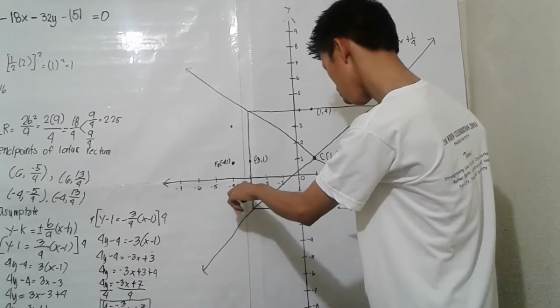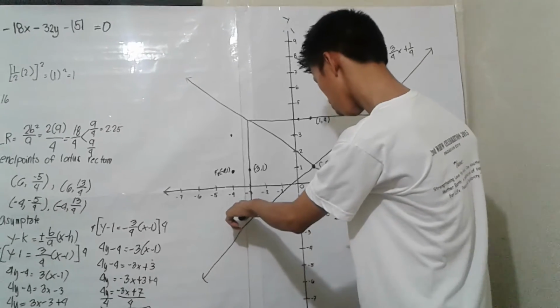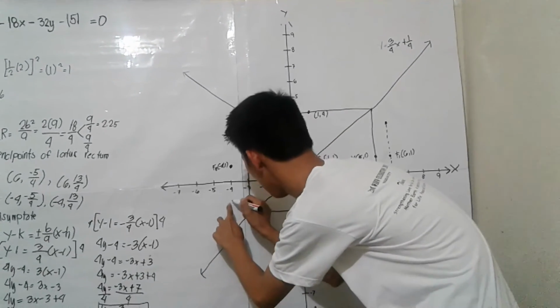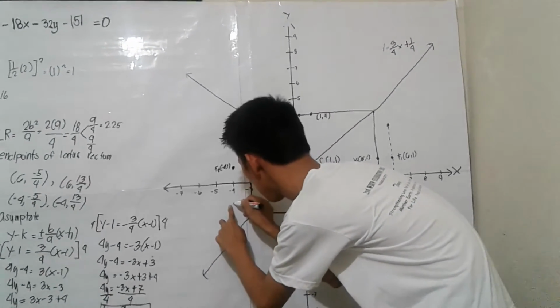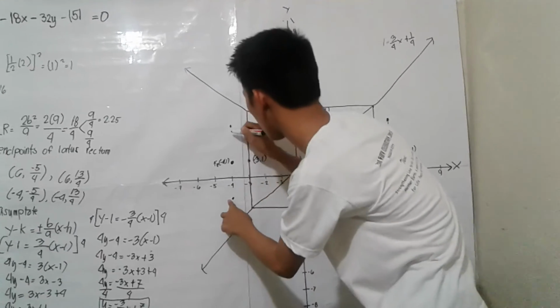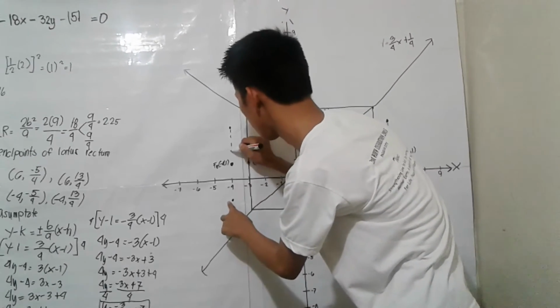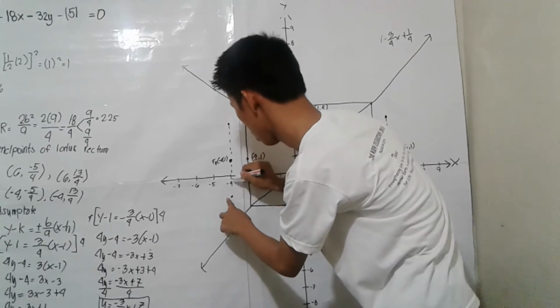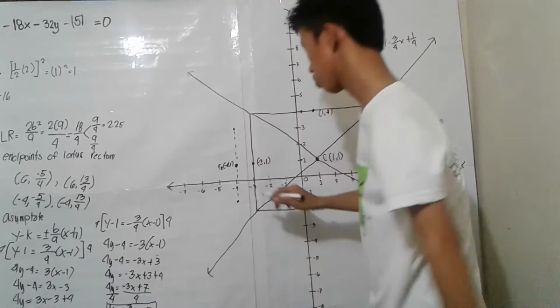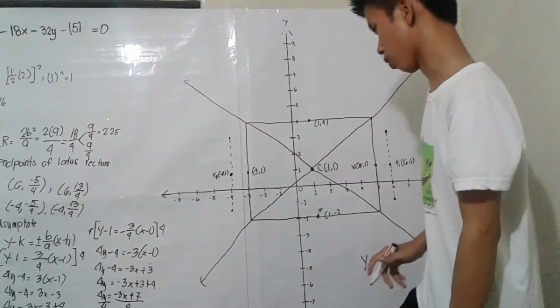Count 1, 2, 2.25 here. So from here to here is our length of latus rectum.